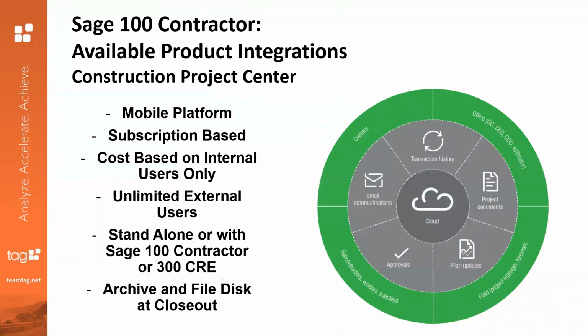Okay, so Construction Project Center is a web-based, mobile-friendly project management platform, something kind of similar to Procore. This application is a true collaboration tool for everyone on the project, from architects to owners, subcontractors, and project managers.